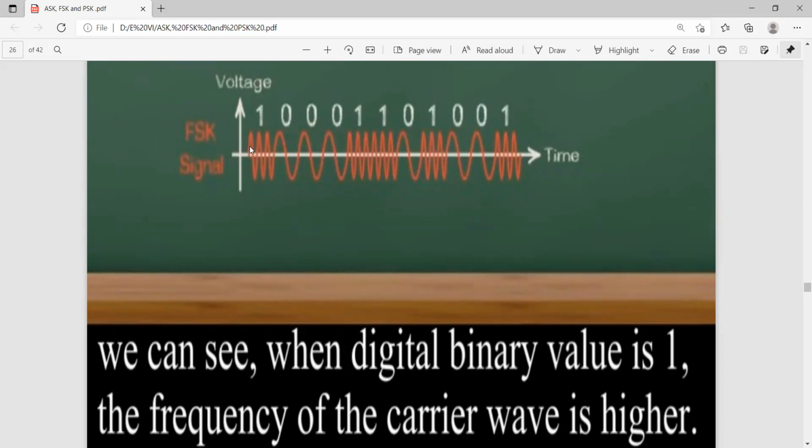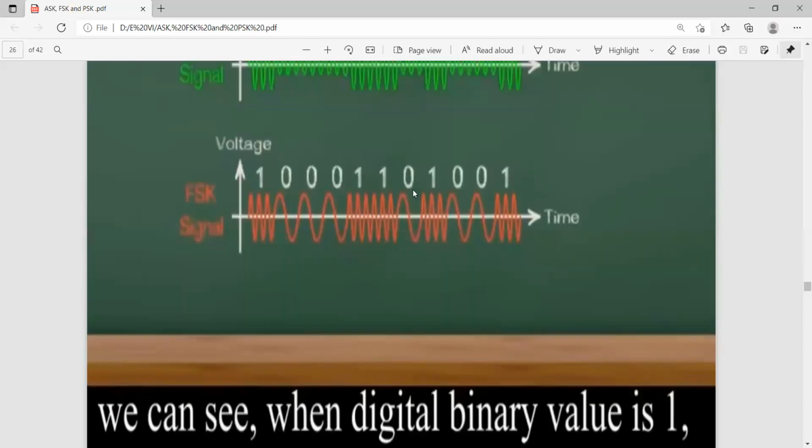This is frequency shift keying: the generated signal is in this format, frequency modulation by adding the digital information to the carrier wave. So it is called frequency shift keying.